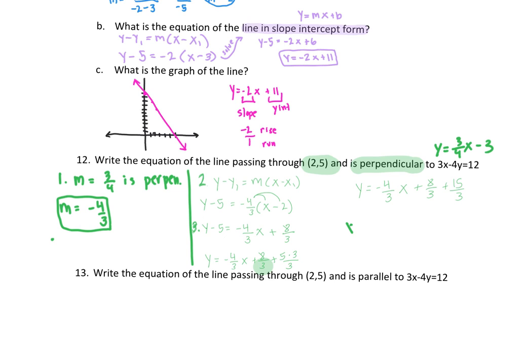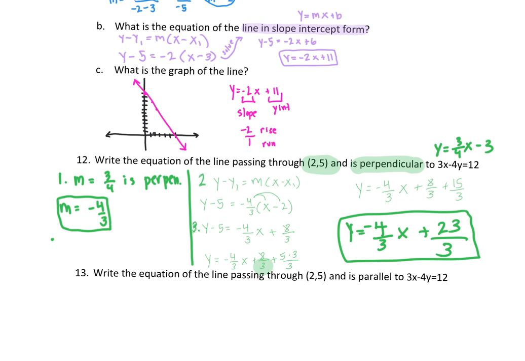So we've got y equals -4/3 x plus 23/3. Yeah, just check and make sure that 8 plus 15 is 23. Okay.